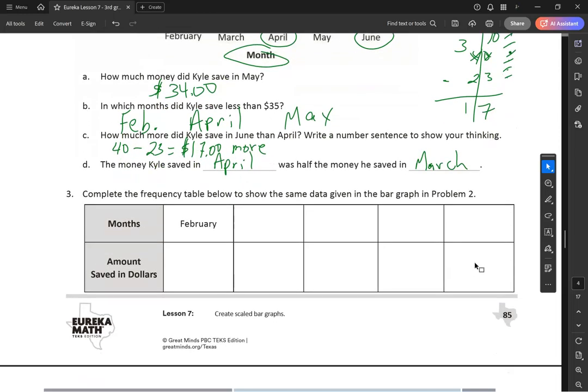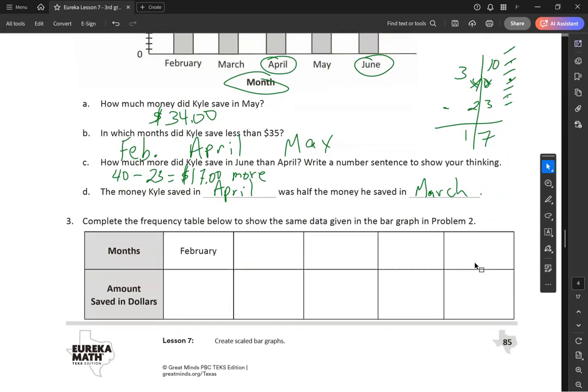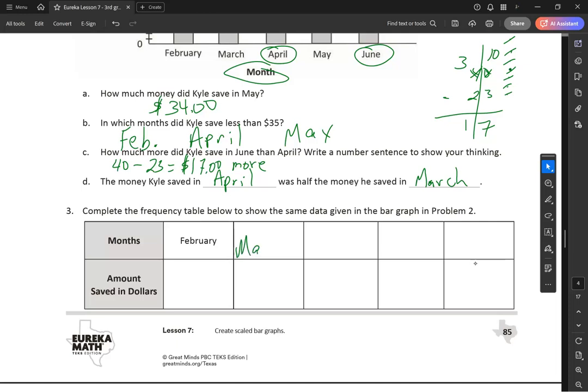Okay. And number 3. Number 3 says, complete the frequency table below to show the same data given in the bar graph in problem 2. So all we're doing is writing down here what we wrote up above. So the months went February, March, April, May, that's an M. Do it again. Now somebody's going to complain. May and June.